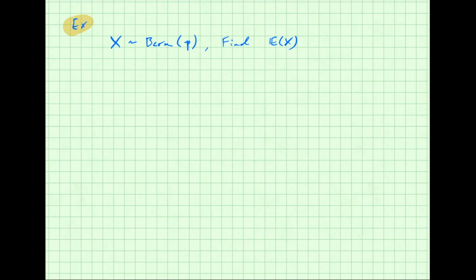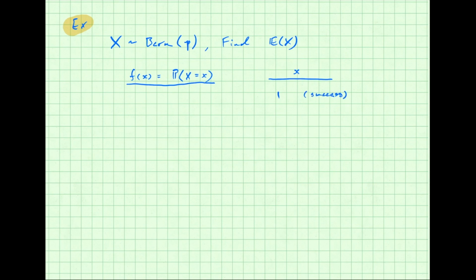What is the probability mass function for a Bernoulli distributed variable? There are only two possible values it can have. Here's the PMF, f of x, which is equal to the probability that X is equal to little x. It can take on the value 1, which we call a success.